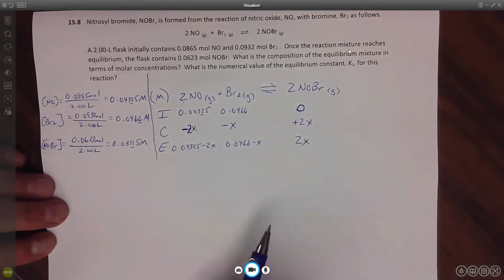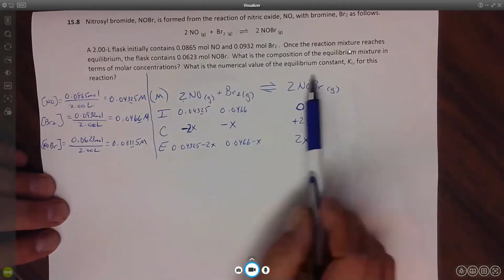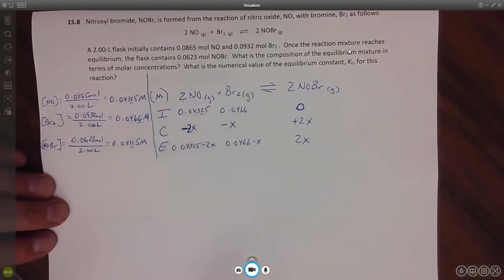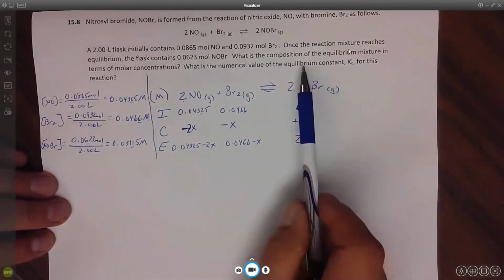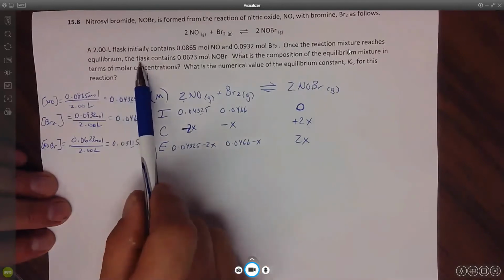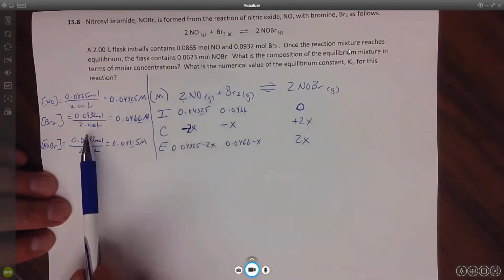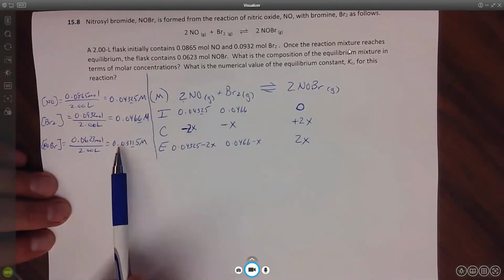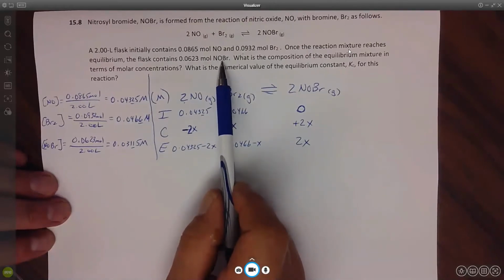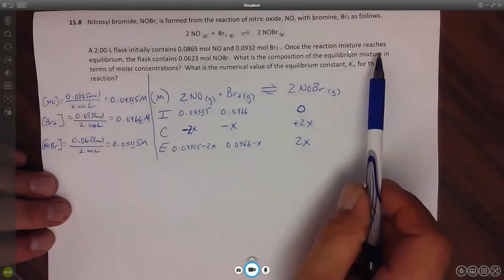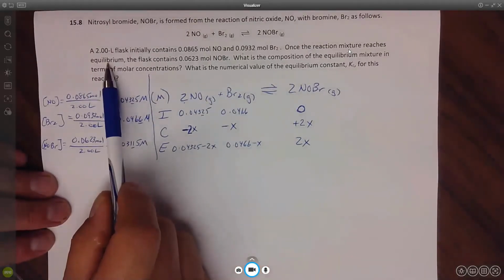Now, for the first part of this question, it says, what is the composition of the equilibrium mixture in terms of molar concentrations? Well, that we could do right now because it tells us here the flask contains this, which we determined was 0.03115 molar of nitrosyl bromide once it reached equilibrium.